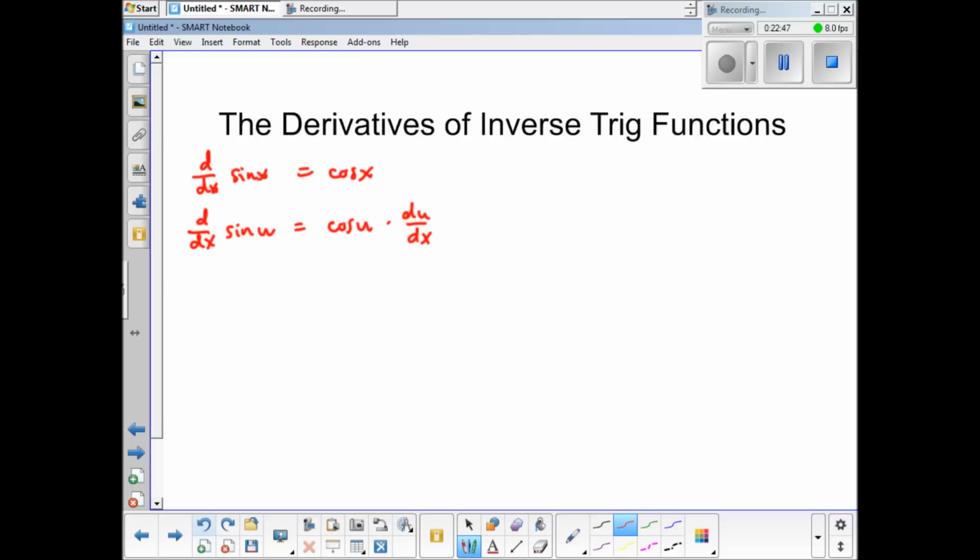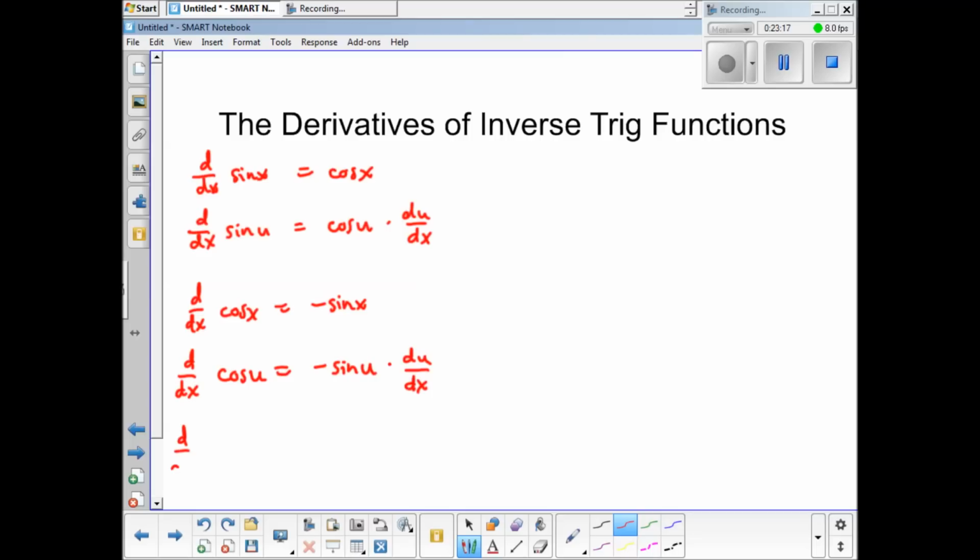This is the chain rule. Right? Okay. We also have a similar one for cosine, right? The derivative of cosine x is what? Negative sine x. So if we take the chain rule perspective and have cosine of a function, it would be negative sine of that function times du dx.